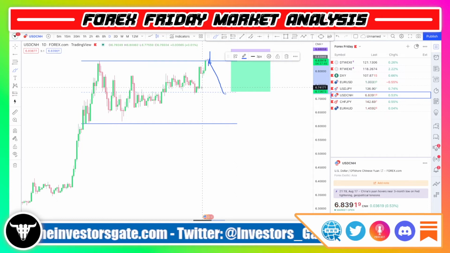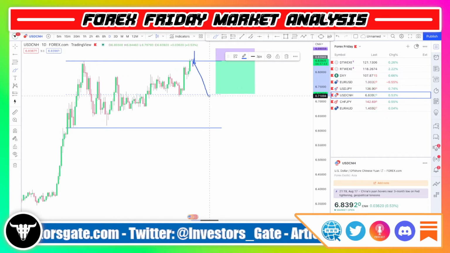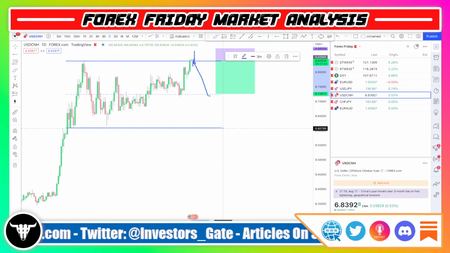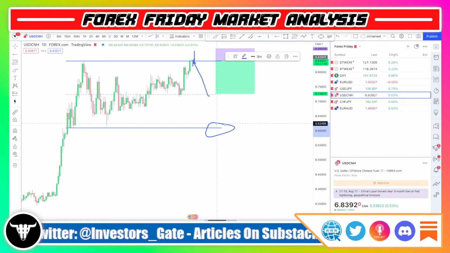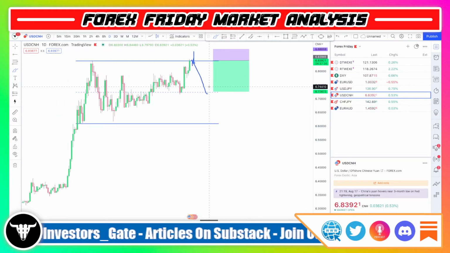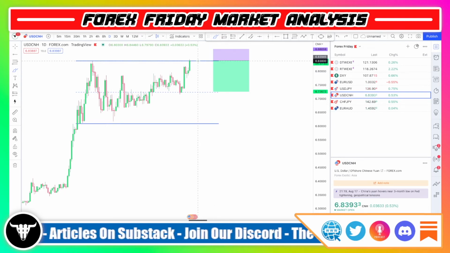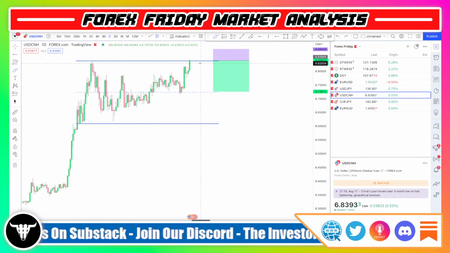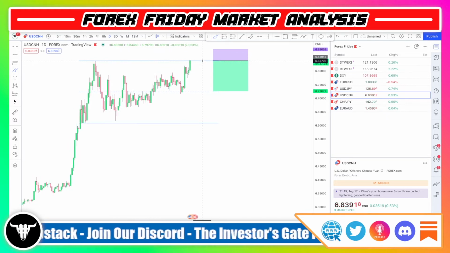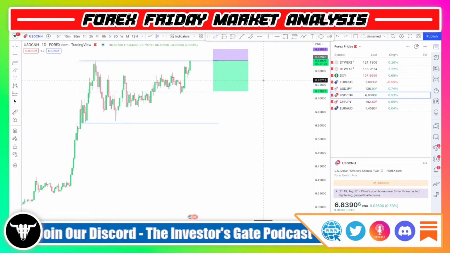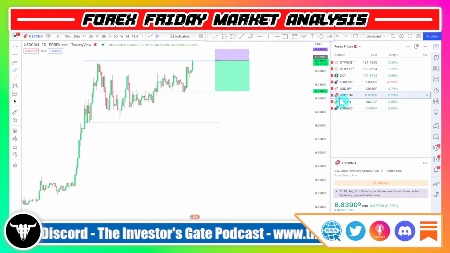So for that reason, I would probably try to target the midpoint. I don't have confidence that it would get all the way down here. But anyway, more or less that's what I'm thinking about this one. This isn't a super high conviction trade. I probably won't be taking this. I'd rather focus on the higher conviction ones, keep it simple.